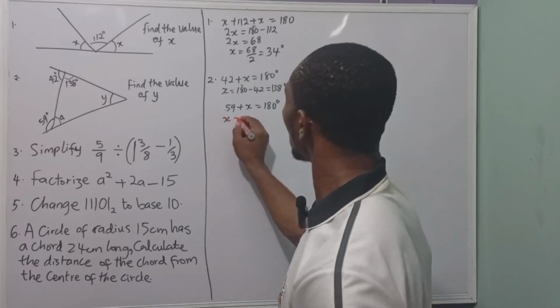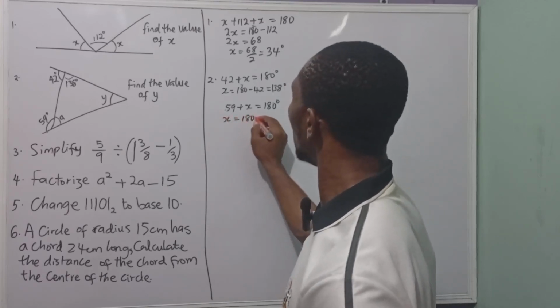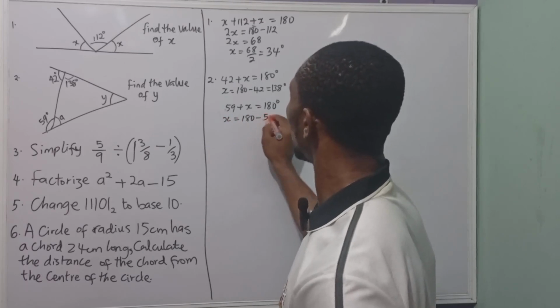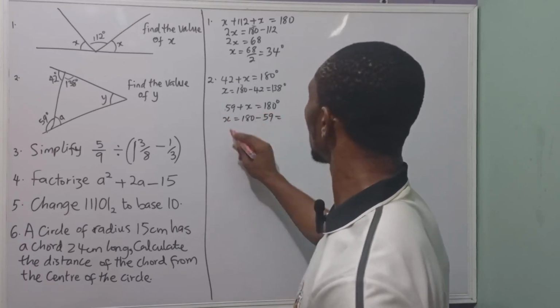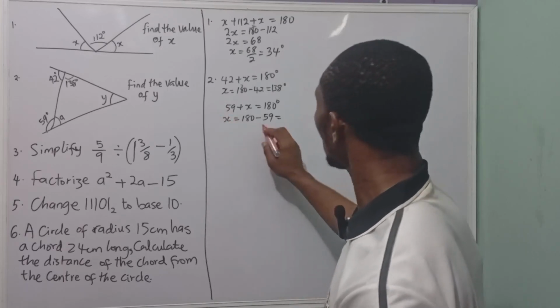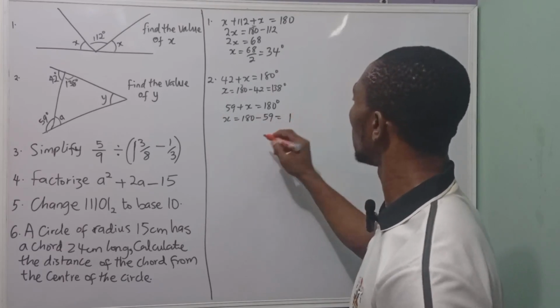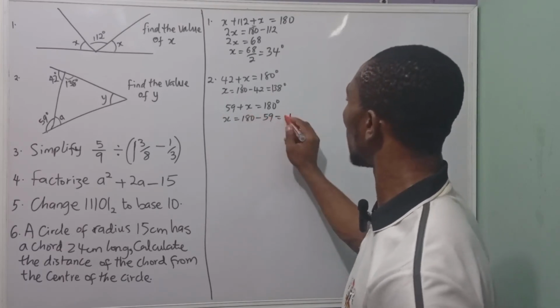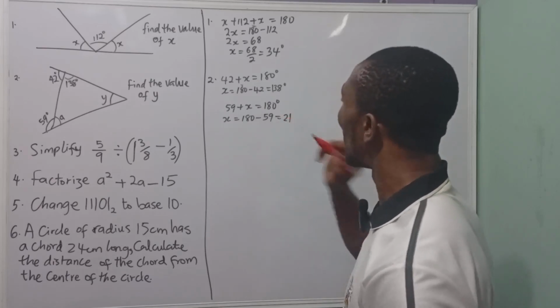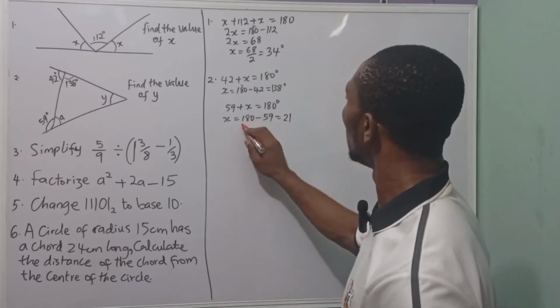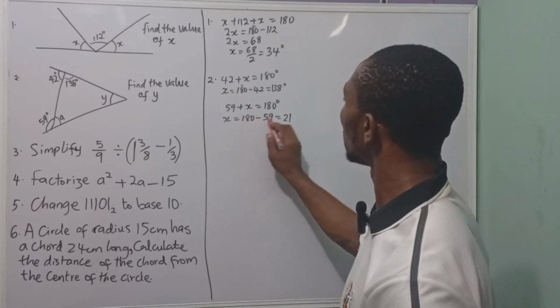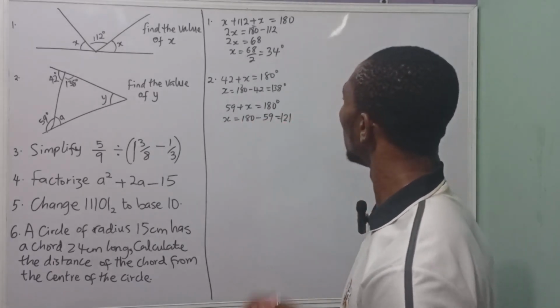Now our x would be 180 minus 59 degrees, which is 121.